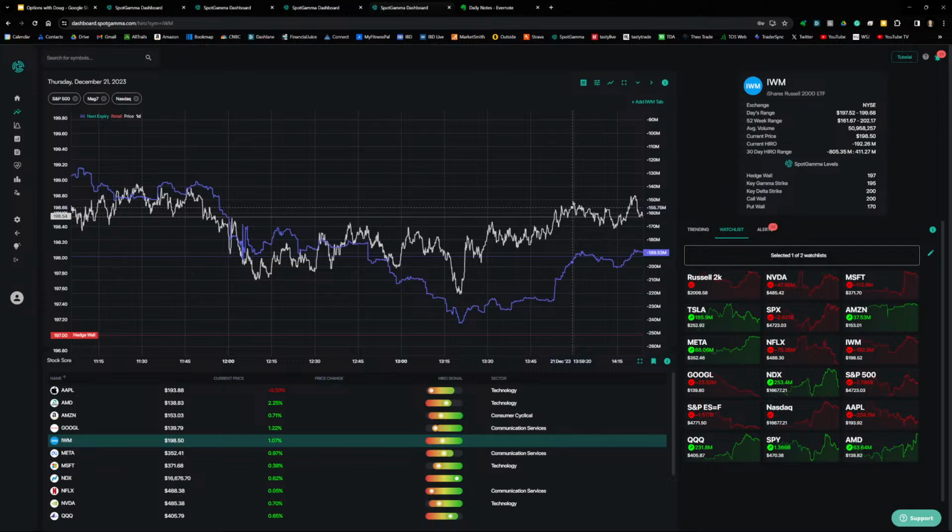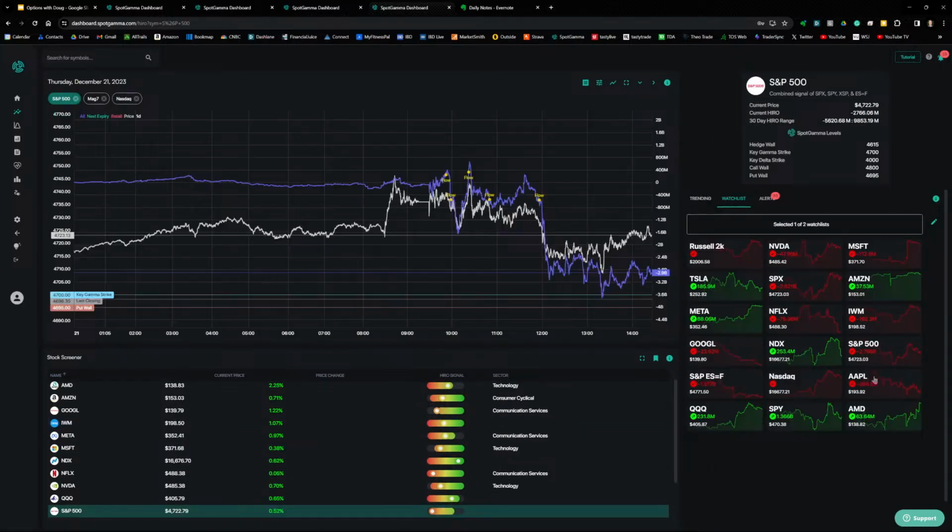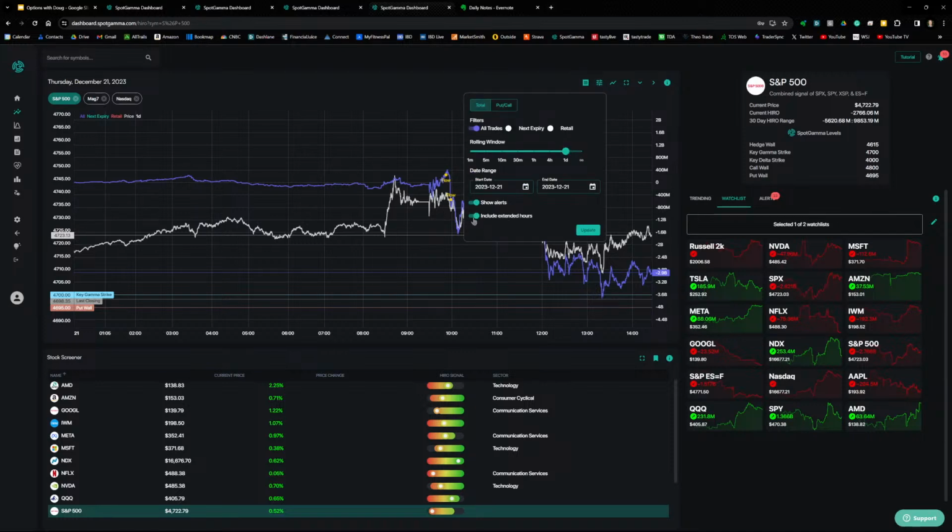And Michael asked, does this work for ES futures as well? Yes. So I talked about futures earlier today. For futures, this is the signal that I take a look at. Let me turn off the extended hours.